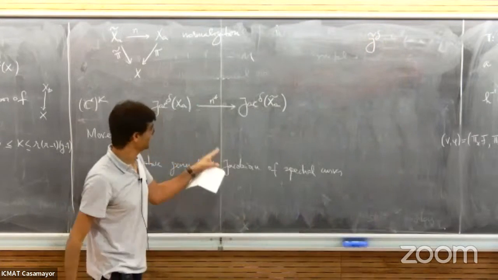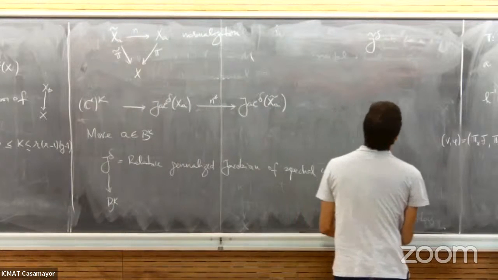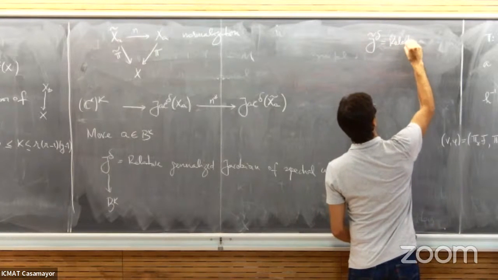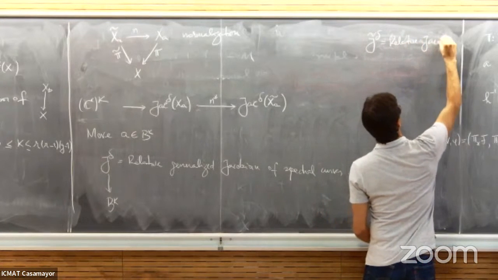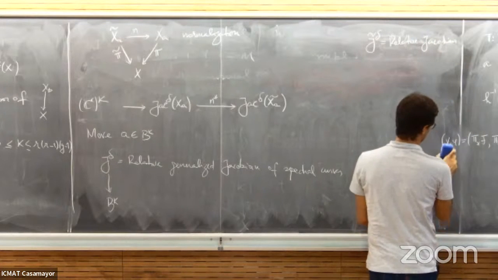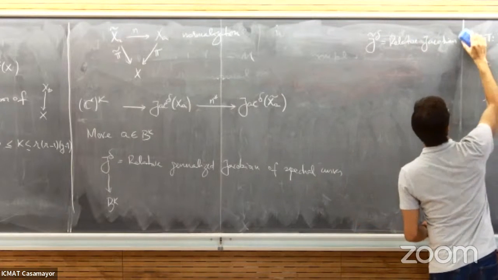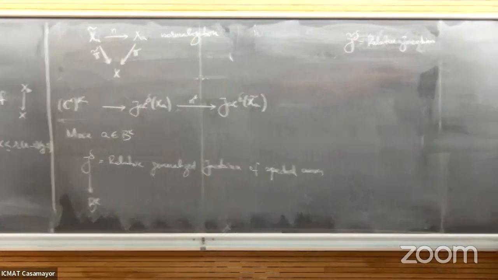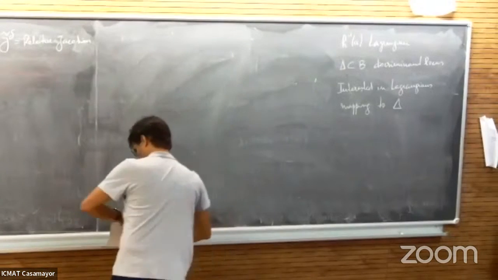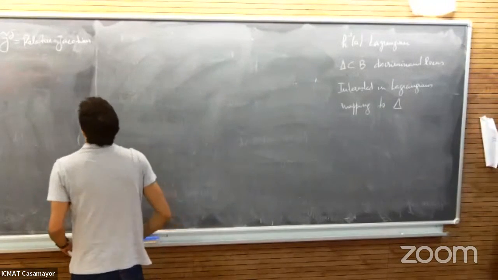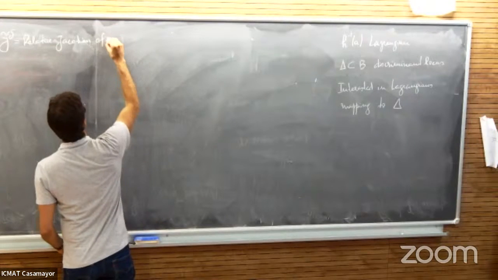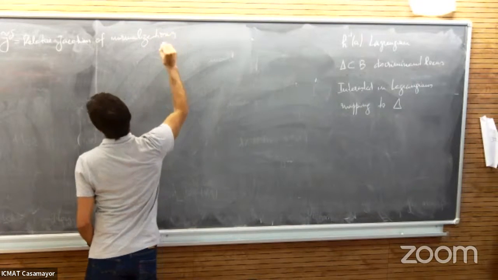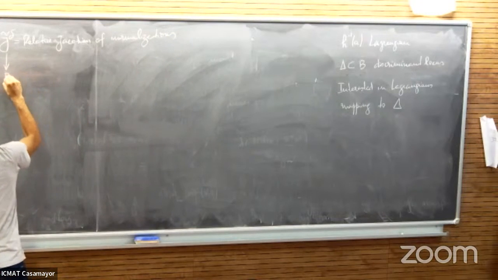I'm really taking the generalized Jacobian over each one. And here the relative Jacobian of the corresponding normalizations. Here is this, and still over D_k.